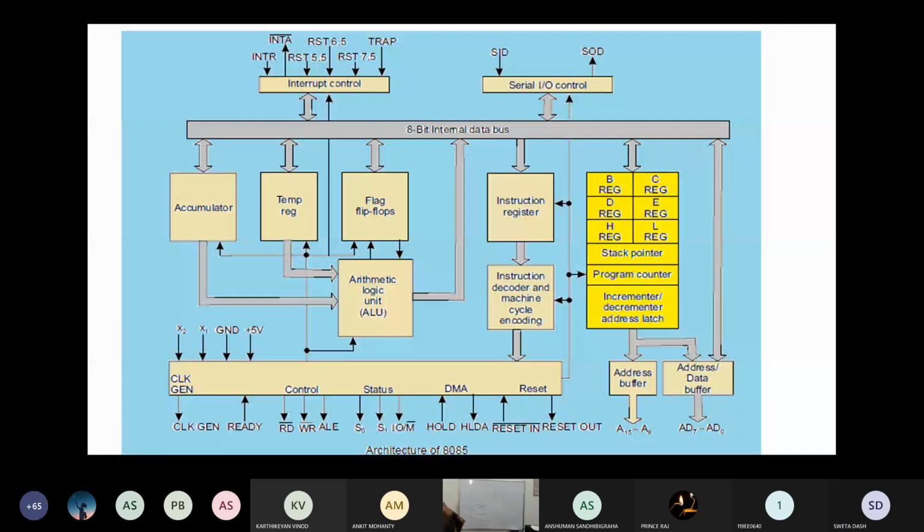Then who else is having? WR. WR stands for? Write. Excellent. This is also a negative one. See, Intel has processed it. It's a very commercially successful 8085. So they have manufactured it like this because it's not like an illusion I am telling.